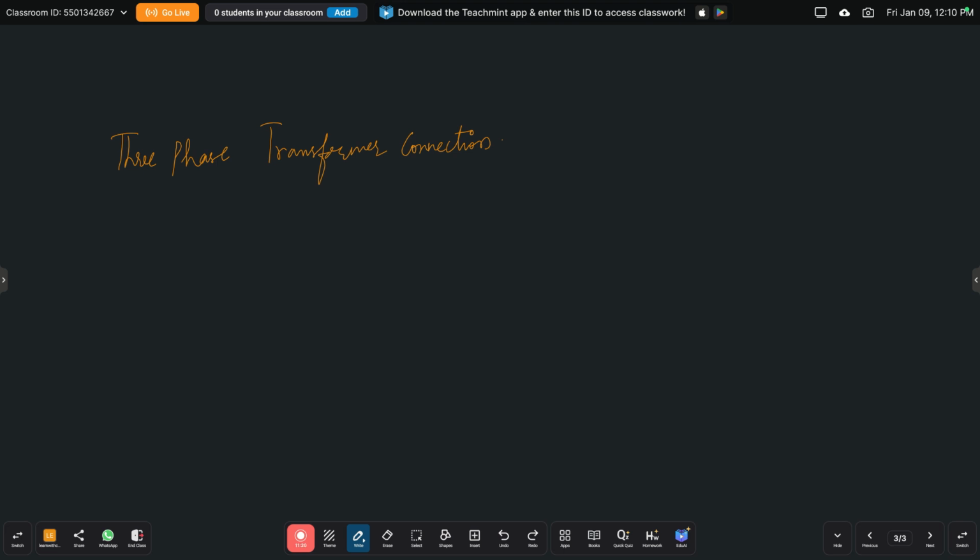The three phases can be connected in either star or delta configurations.